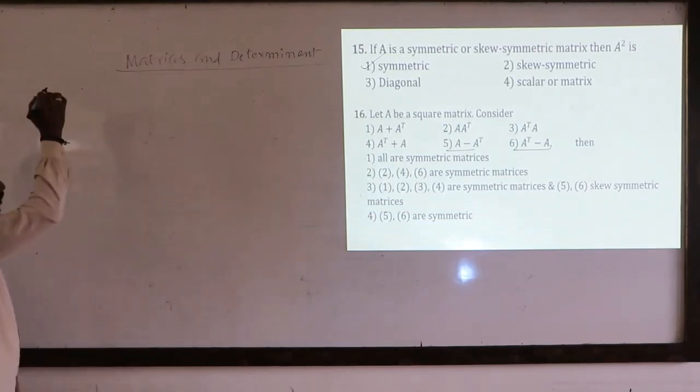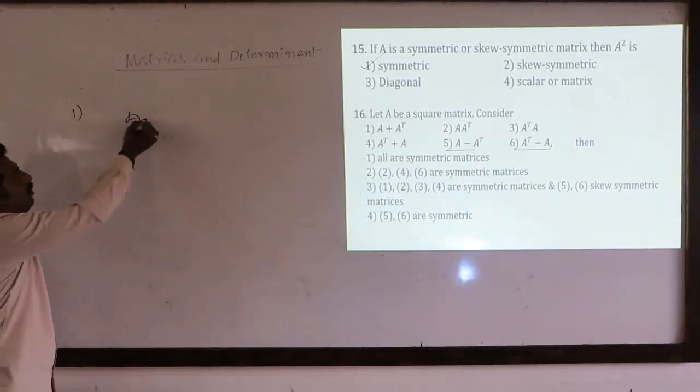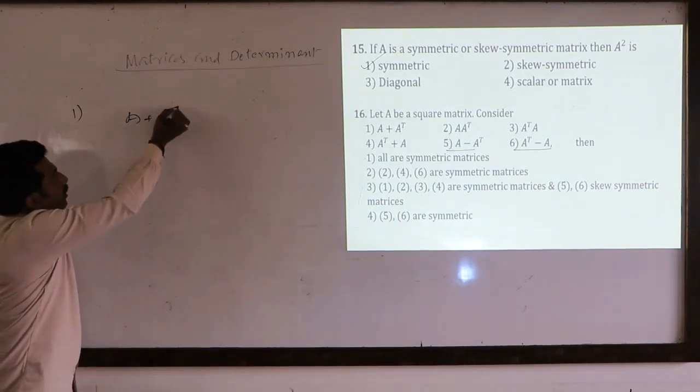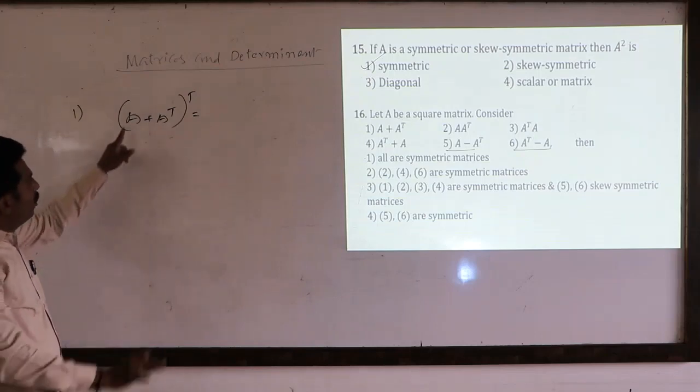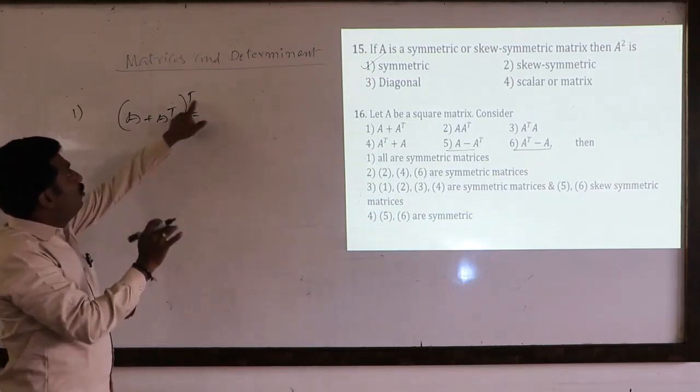See, if you want, the first one I will do. So what is the first one? A plus A transpose, we will take whole transpose. What is A plus B whole transpose?